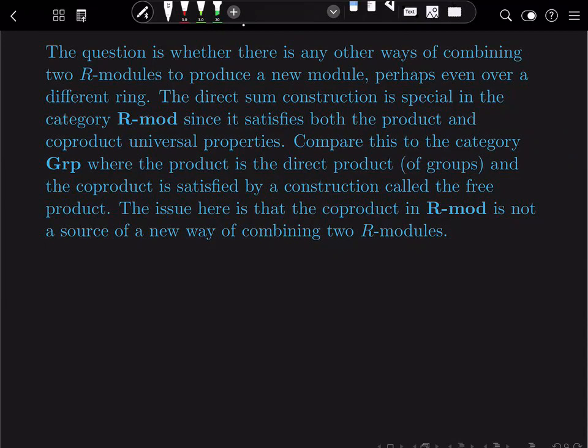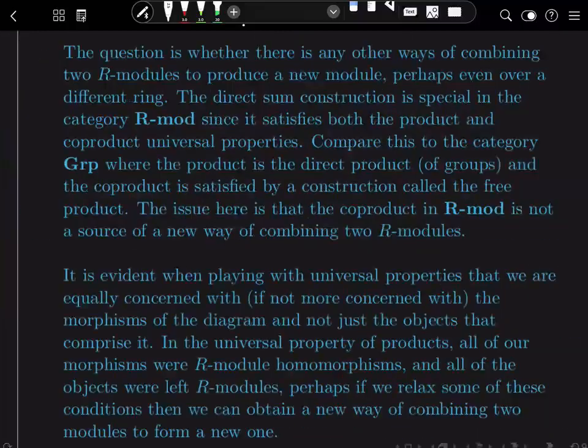The way that we're going to do it is we're going to be a little finicky with our universal properties and see if we can tease out some new construction based on a universal property that we're looking for our new construction to satisfy. That's the way that we're going to do it now. So let's get to it.